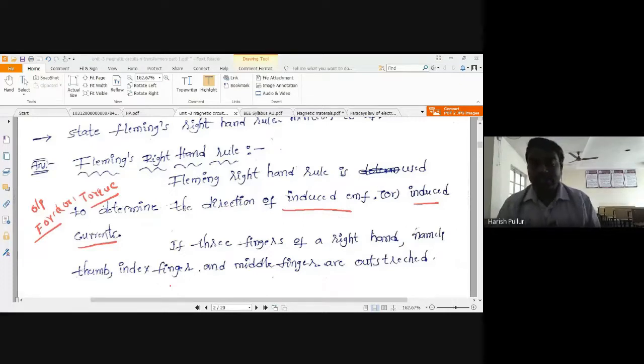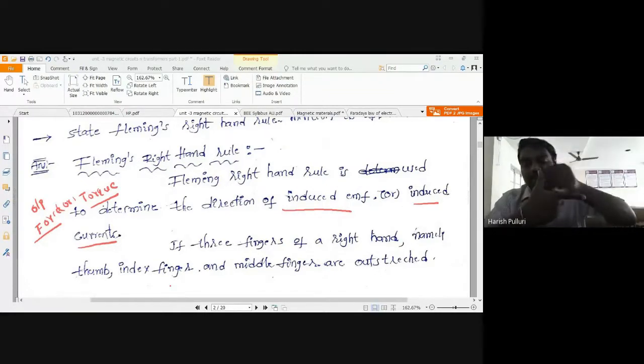I think I'm clearly visible. Fleming's right hand rule means we have to take these three fingers, thumb, forefinger, and middle finger, and keep them like this, all perpendicular to each other.